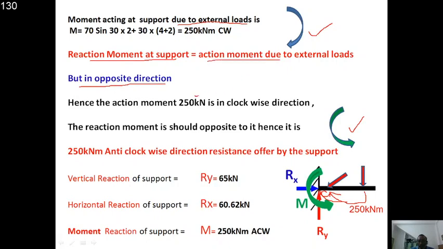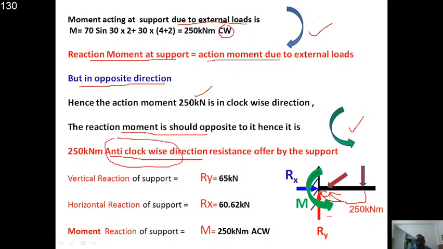Therefore, the magnitude will be 250 kilonewton meter only, but the direction is opposite. The load's action is clockwise, hence the reaction moment should be anti-clockwise. Please understand, this is clockwise. Now the reaction has been taken in the anti-clockwise direction.